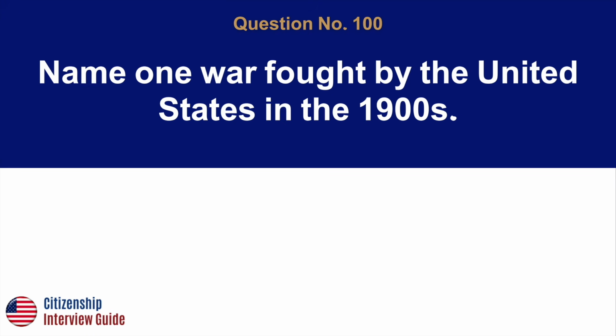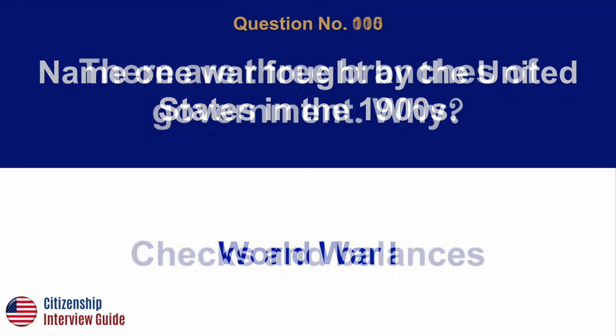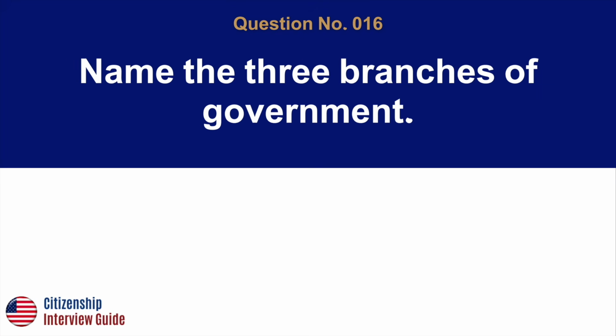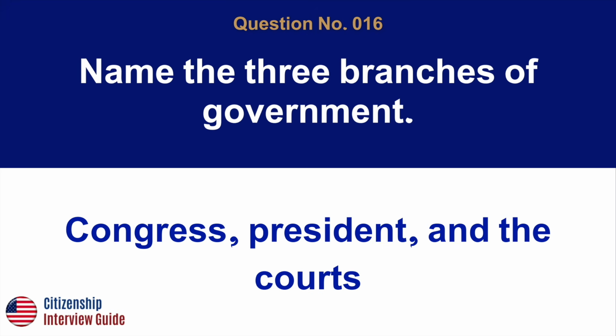Name 1 war fought by the United States in the 1900s. World War I. Name the 3 branches of government. Congress, President, and the courts.